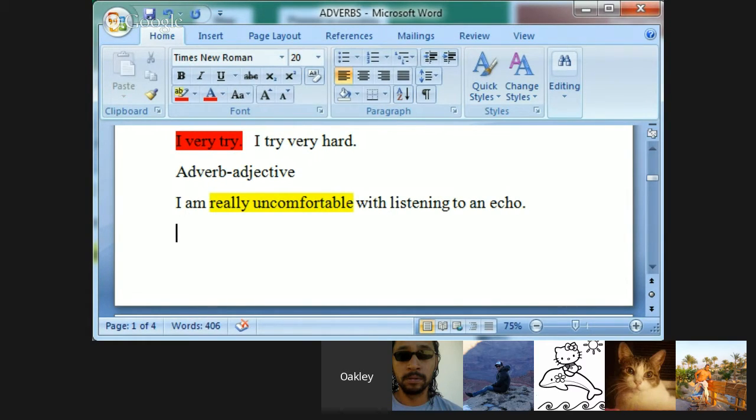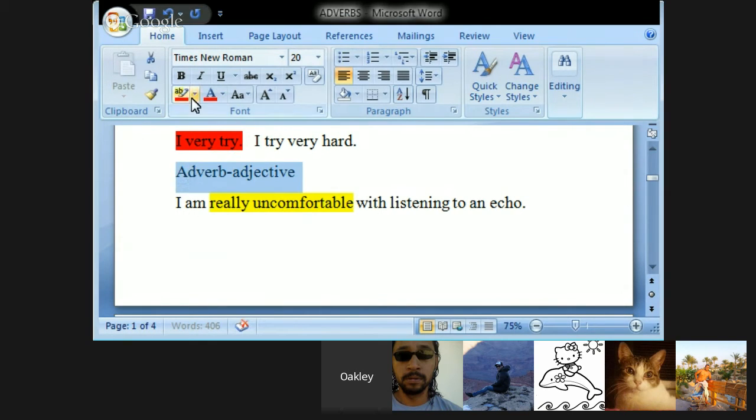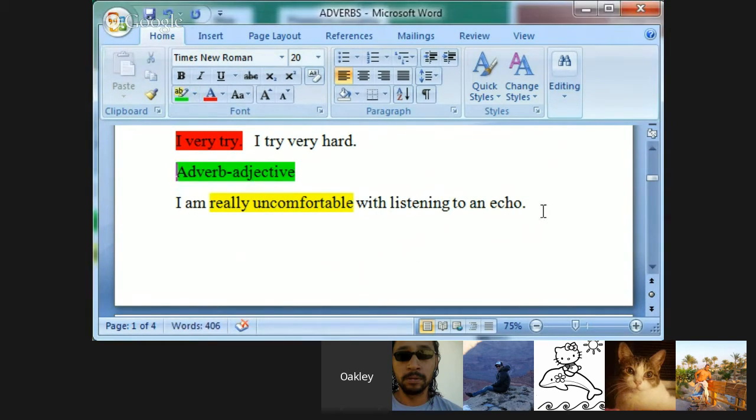Okay, let's continue here. Carolina, adjective adverb combination. It was quite beautiful day. It was a quite beautiful day.